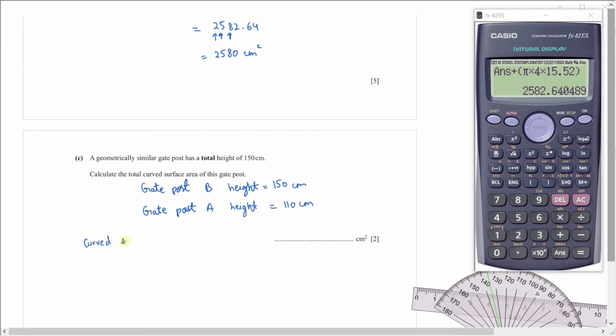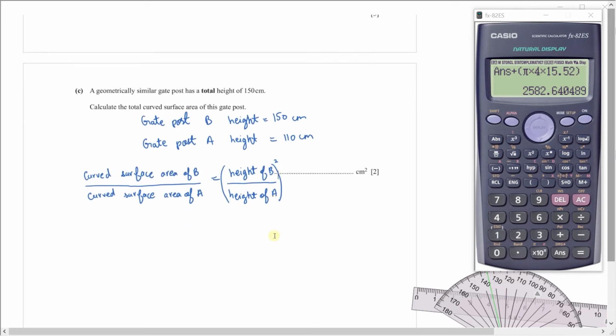Curved surface area of B over the curved surface area of A will equal the square of the ratio of their height. So height of B divided by height of A, and then the square because we are dealing in area.